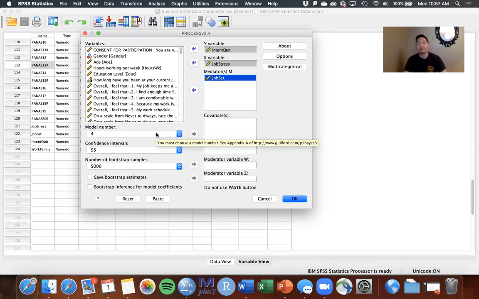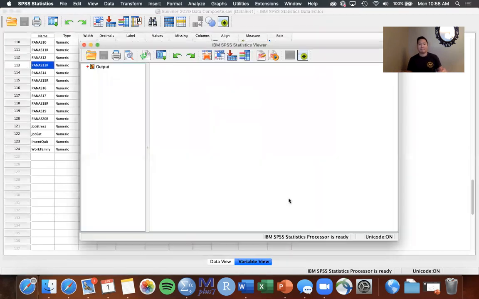We want to have model number 4. For model number 4, this tells it it's mediation. Model number 1 was for moderation. And that's all we need to do. Put your variables in the right boxes, make sure it's model number 4, and hit OK.